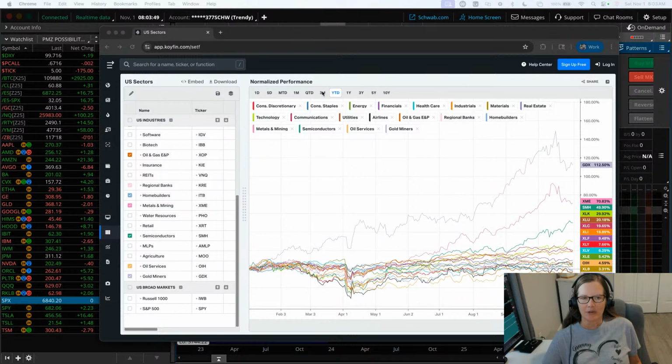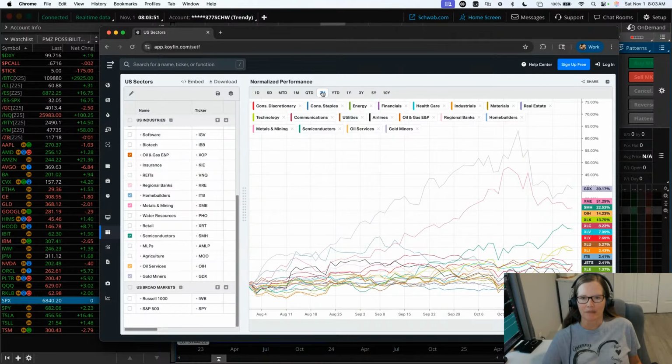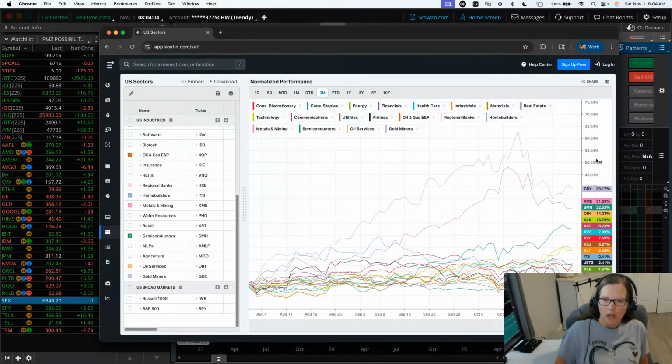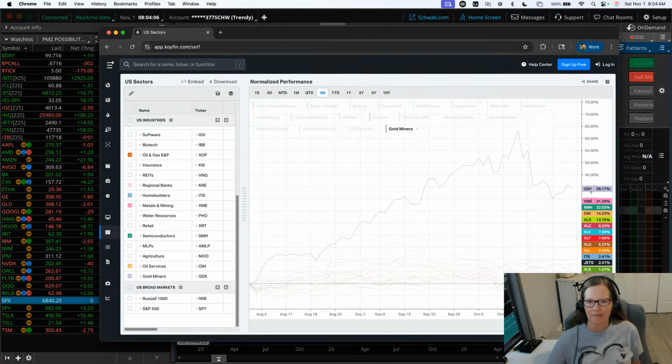Now, let me move that down to a 3-month look back. Once I step down in time frame, I'm looking for any shift in that top 5 to 6. Notice the big sector that sticks out here is oil services.